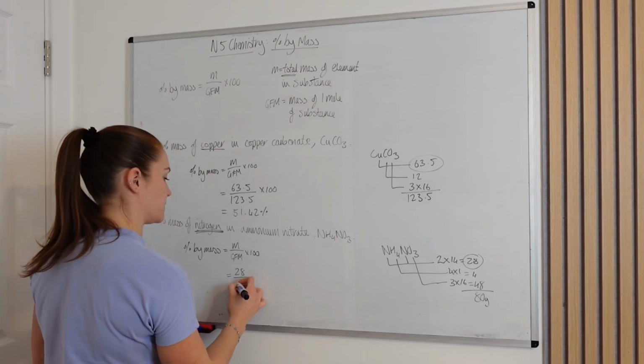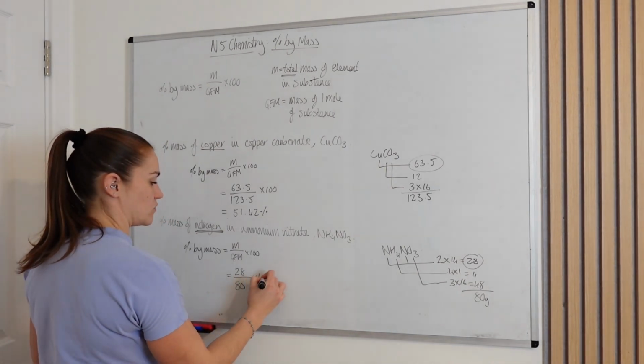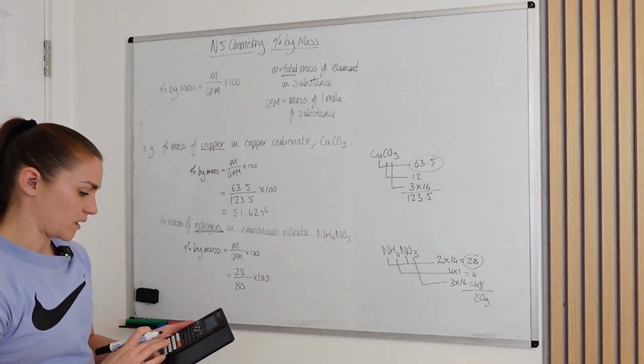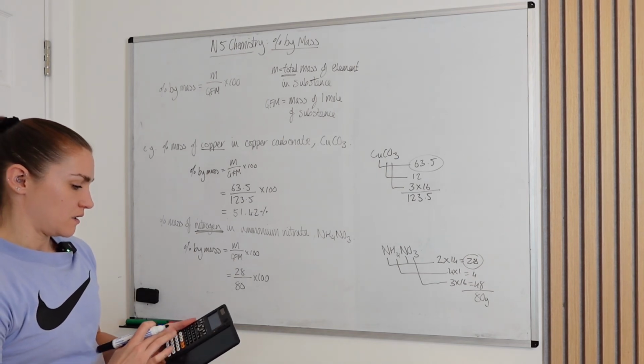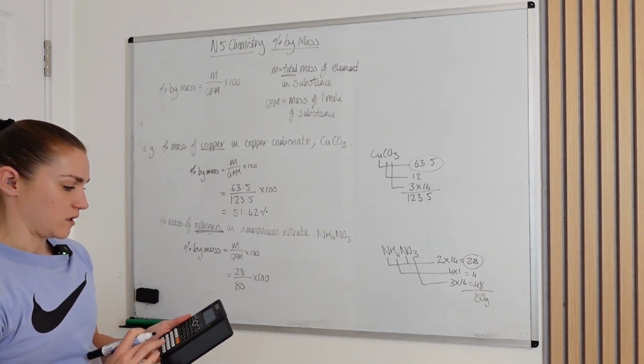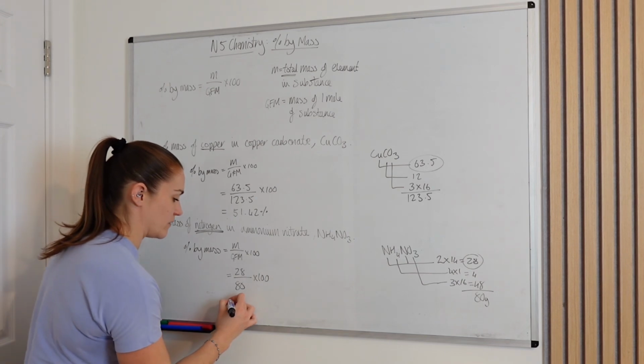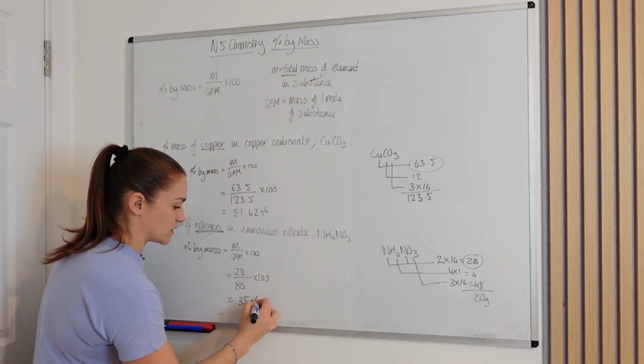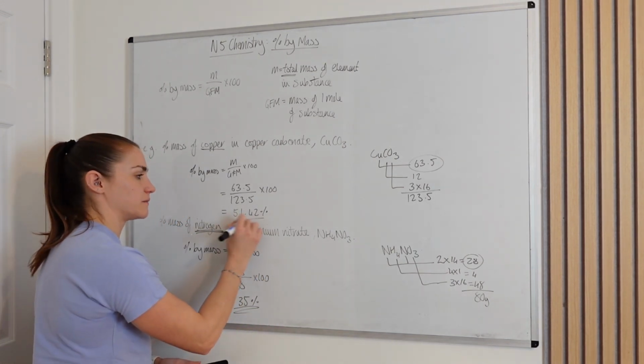So that's the GFM times 100. So if we put that into our calculators, 28 divided by 80 times by 100, we get 35% exactly. That'd be your final answer.